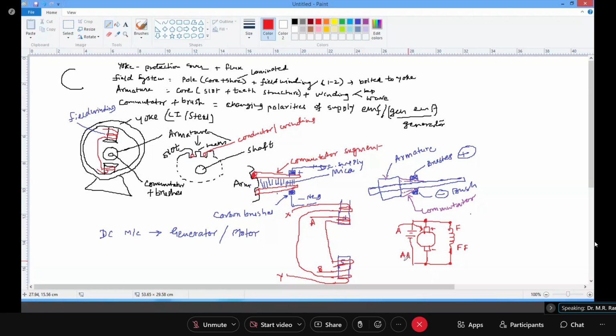Don't get confused. These armature terminals are marked, and I can put M just to show that it is a motor. When I connect A to F and A to FF, this one winding will be in shunt. So when the field winding is in shunt, I call it a shunt motor.